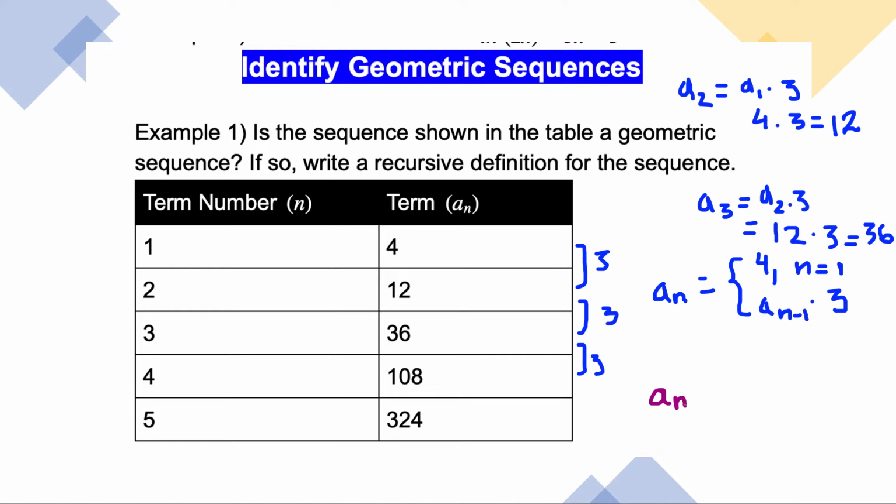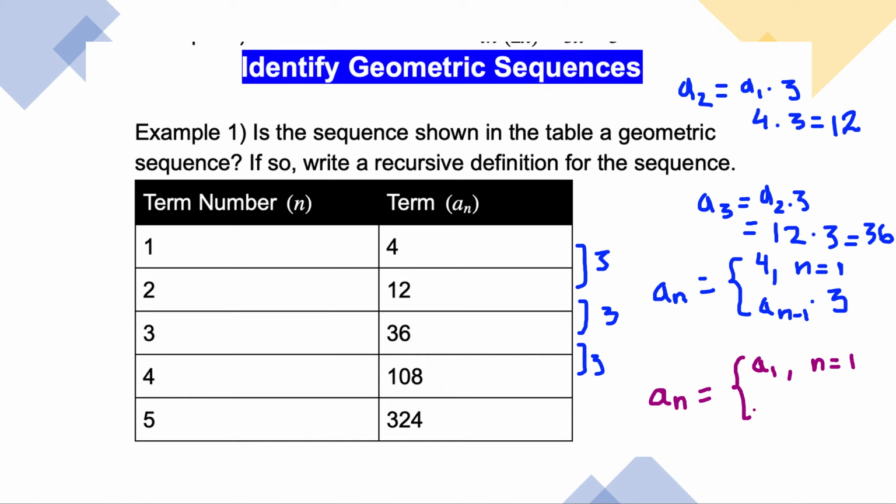We can write the general definition of geometric sequences, the recursive formula, this way. We don't know what the first term is. It can be any term, so let's write a sub 1. And here we don't write n is equal to 1. The number of the term is 1.